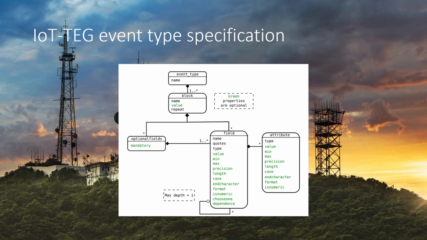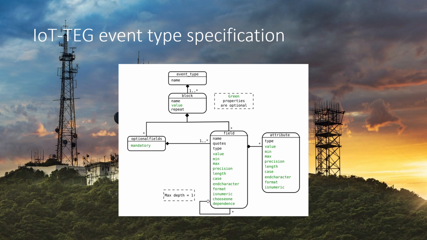So this is the picture of the IoT-TEG event type specification. As we can see here, we have the event type, which has a name, and from there we can see the block, which has a name, value, or repeat. First of all, the green properties are optional, and the field marked as mandatory, and if you go to the field itself, there's a name, quotes, type, value, min, max, precision, length, case, and character.